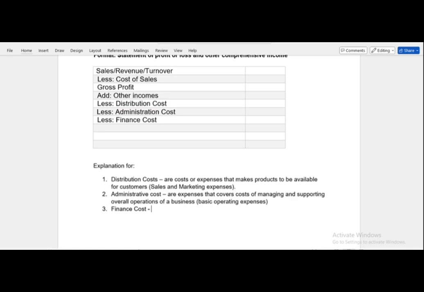They are expenses that cover financial resources or managing debts, like interest on loan, interest on mortgage bond, interest on overdue accounts.